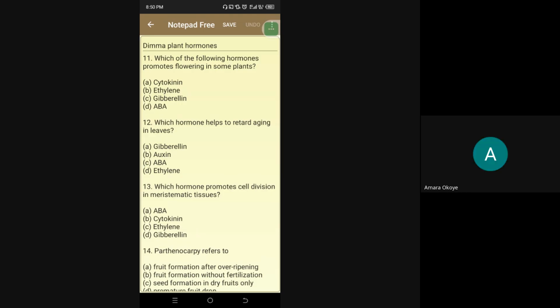Sir, are we to answer? You say 14. Are we to answer them? Of course now. Just give me the right option. So you have not been doing that all this while. Number 14.